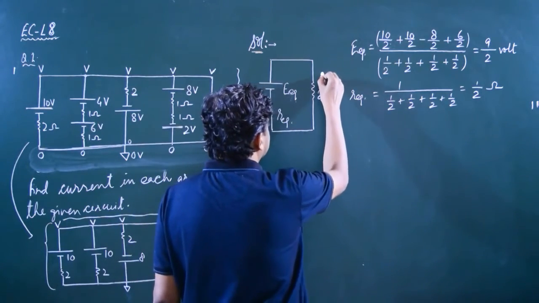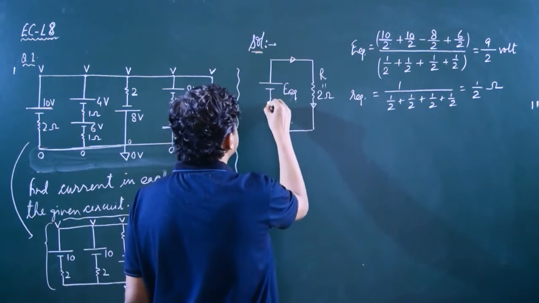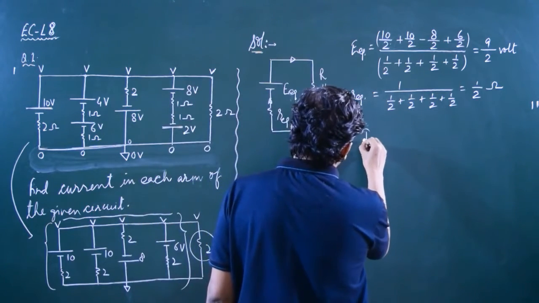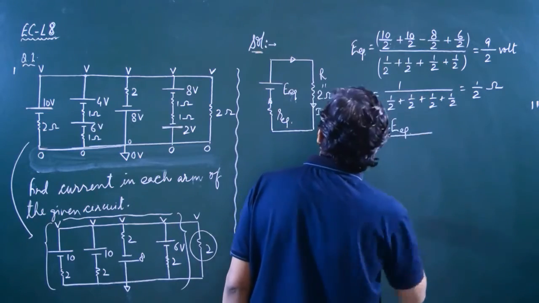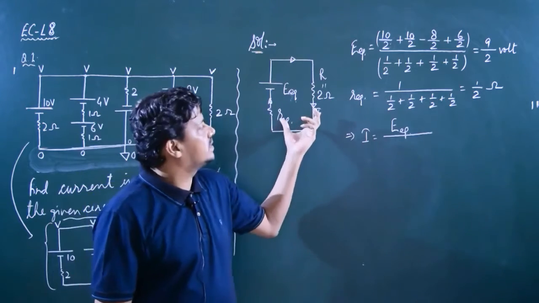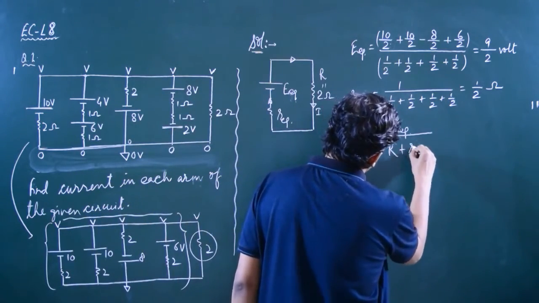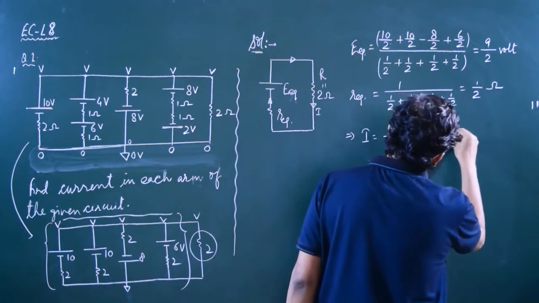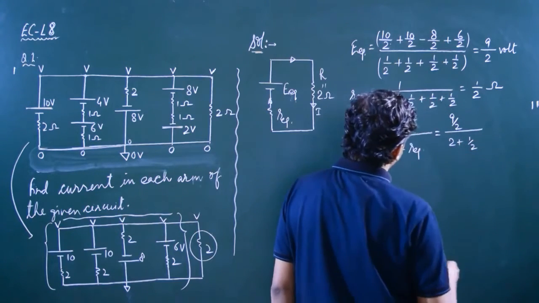Now what is the value of current? It is through the external resistance R. Now current is flowing like this. So what is current here? Current here is the equivalent EMF divided by the equivalent resistance. These resistors are in series, so use the series formula. It is R plus R equivalent, that is 9 by 2 divided by R, which is 2 plus 1 by 2.